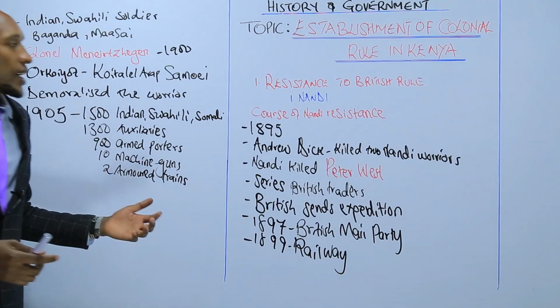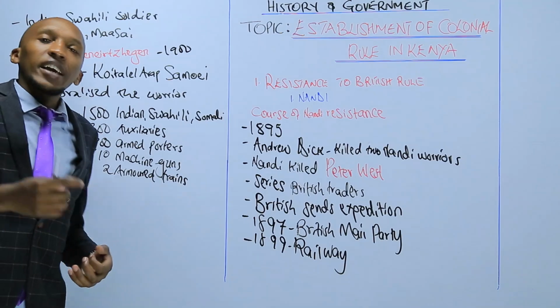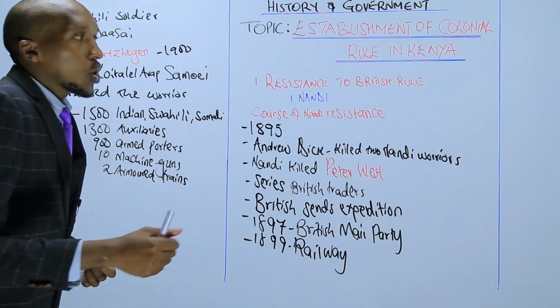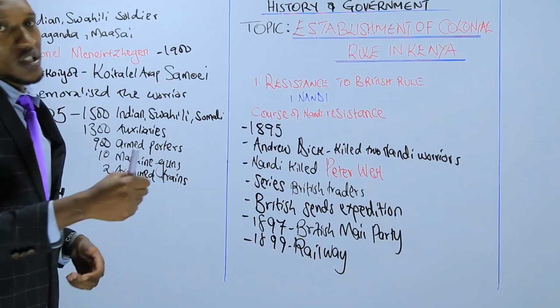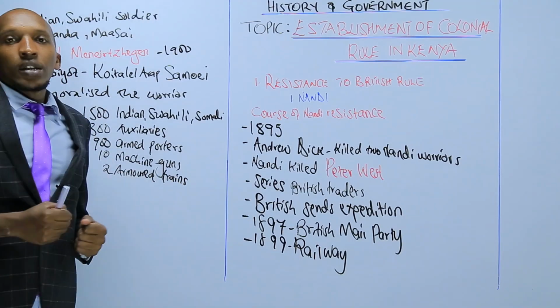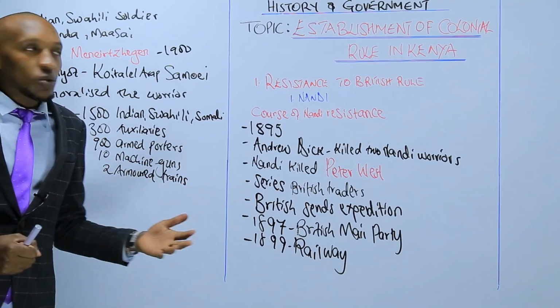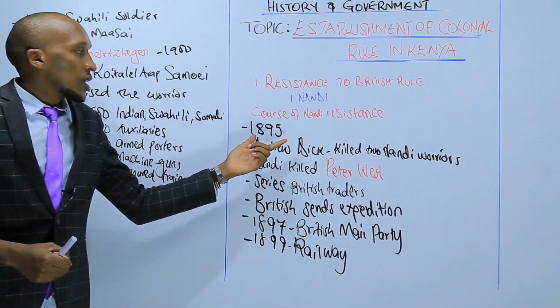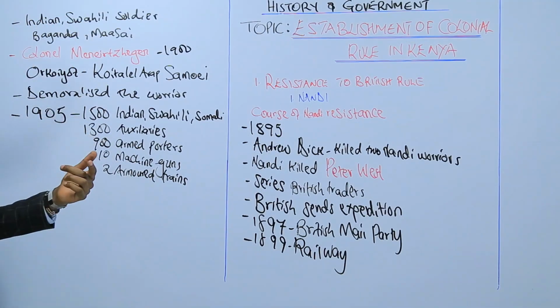So the Nandi is one community in Kenya that gave a very long resistance. They resisted the British for quite a long time. They put up a fight that the British did not expect. You can see it started in 1895 and actually ended in 1905.